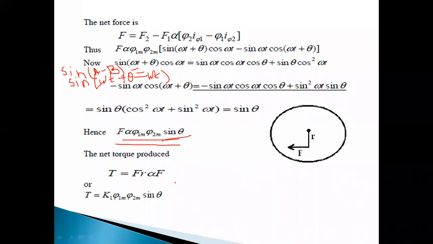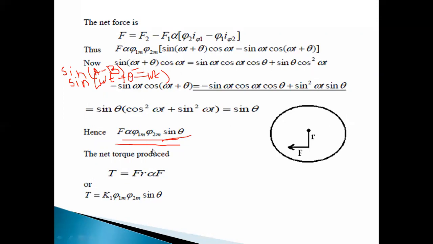We know the equation for torque. That torque produced is equal to force into displacement. This is the equation when we are considering the mechanical quantities, but here that displacement means the phasor displacement.